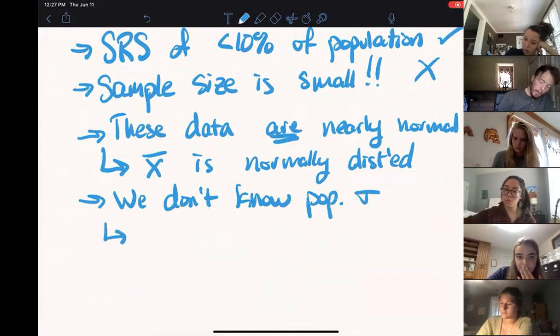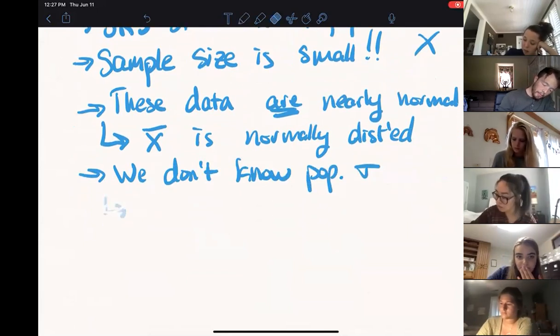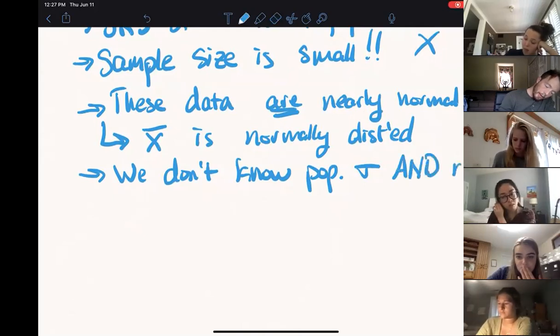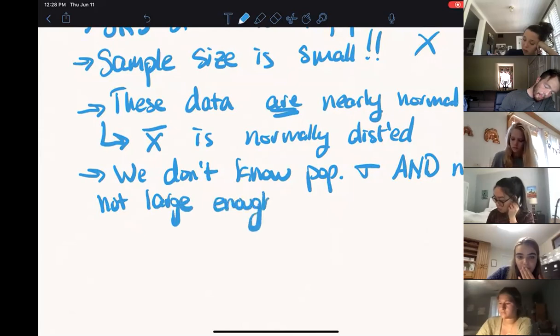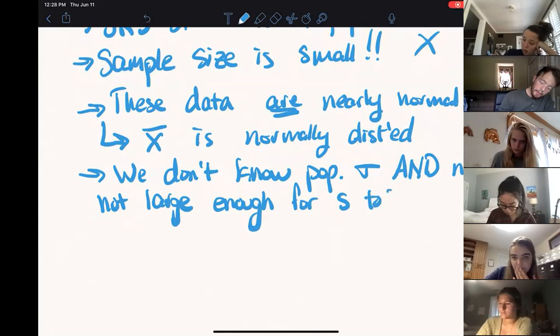And n is not large enough for the sample standard deviation to be a good guess.